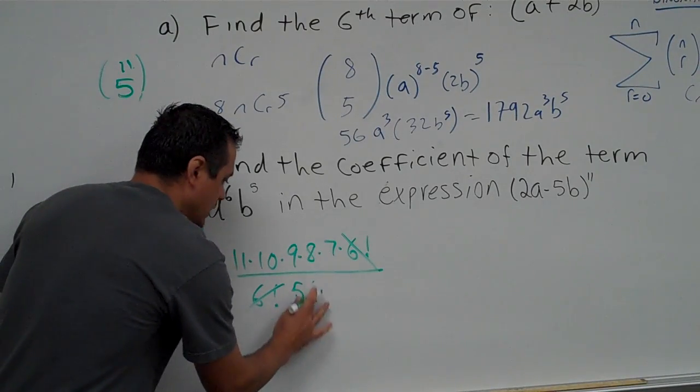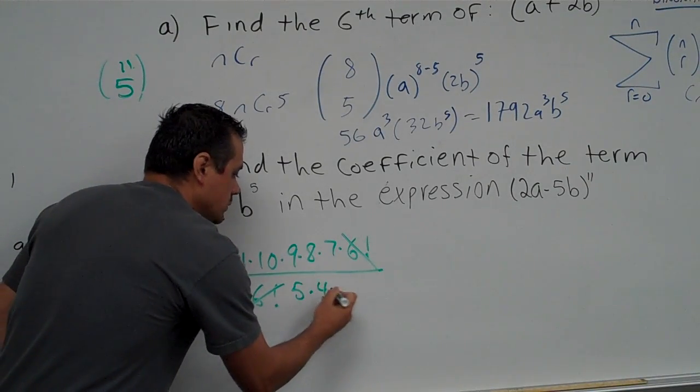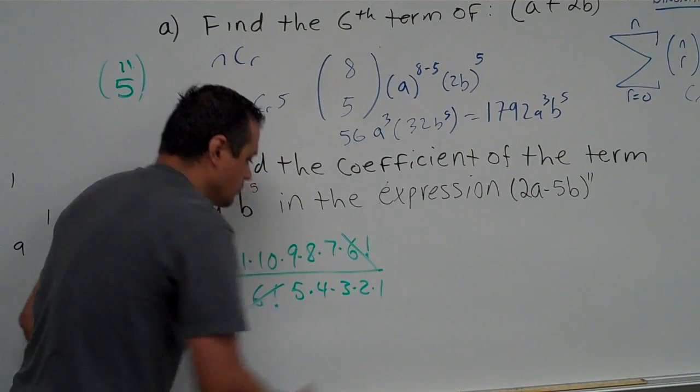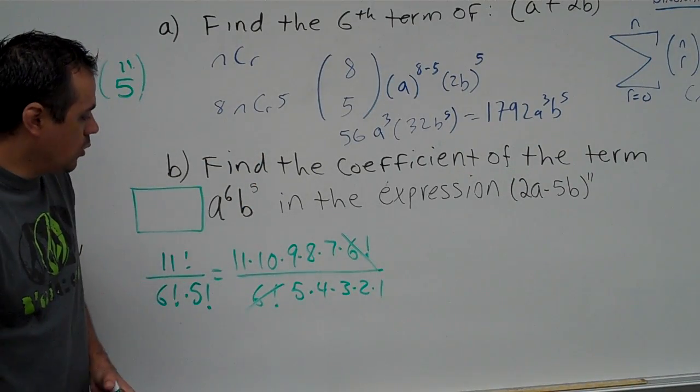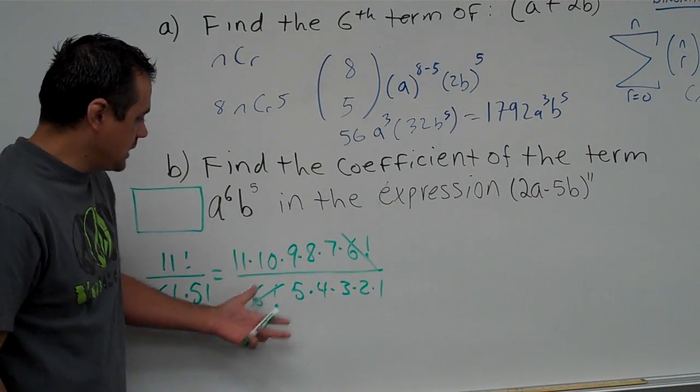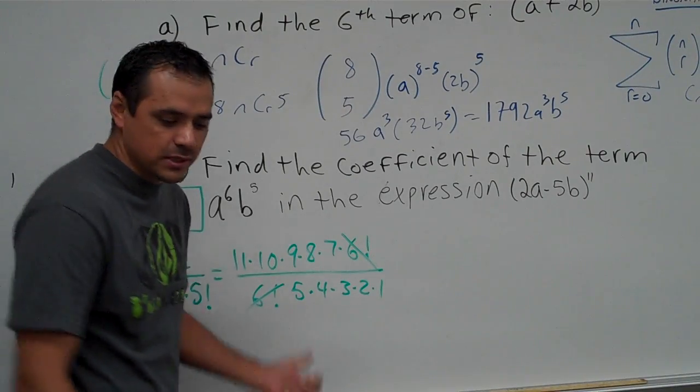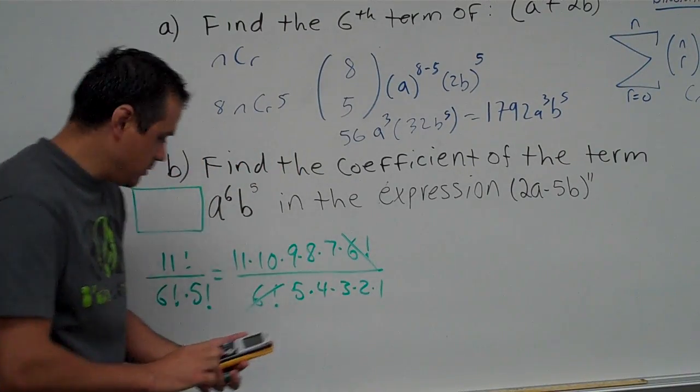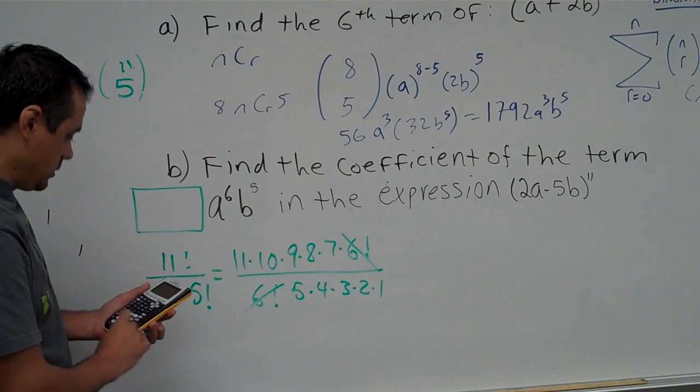This 5 factorial is actually 5 times 4 times 3 times 2 times 1. And let's do some canceling out, or I'm just going to do it in the calculator and simplify because I don't want to keep you on the computer forever.